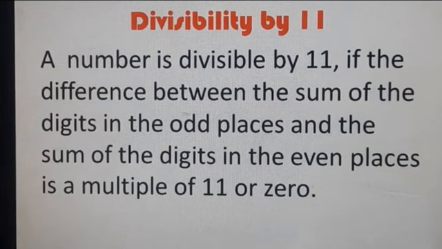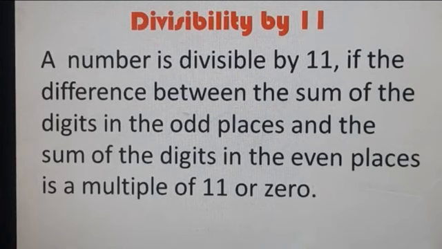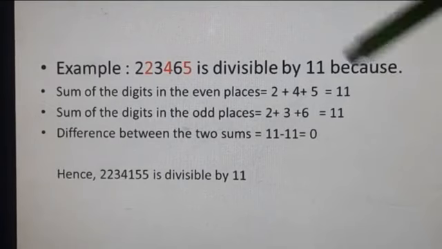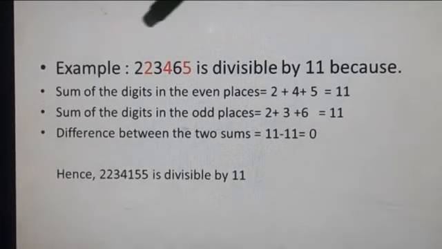Then we will find the sum of the digits in the even places. Then we will find the difference of these. After that we will check if the difference we get is a multiple of 11 or 0. Then the given number will be divisible by 11. Let's see this example. You can understand very well through this example.